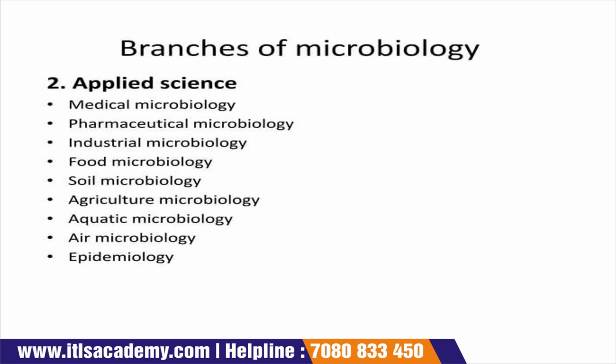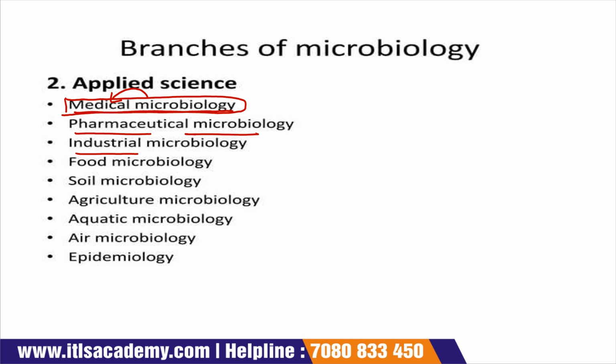Now the next is applied science. Okay, in applied science, the first branch is medical microbiology. When we study the microorganisms which are used in medical science, it comes under the category of medical microbiology. Next, pharmaceutical microbiology, when we study the microorganisms which are used in pharmaceuticals.